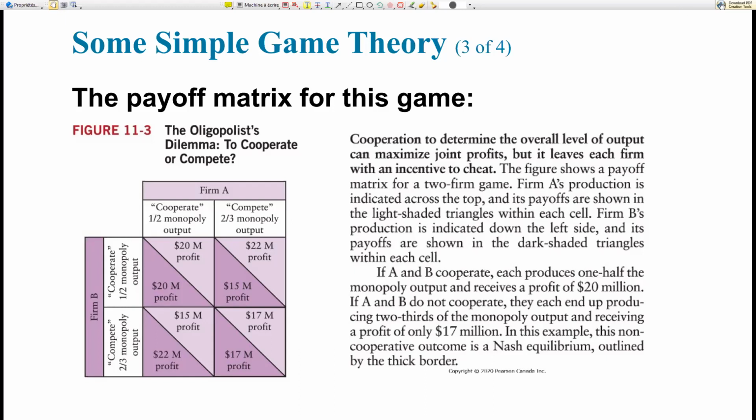Exactly. That's perfect. Here they call this a Nash equilibrium, but it's stronger than this. I'm going to write it here. This is what we call a prisoner's dilemma game.